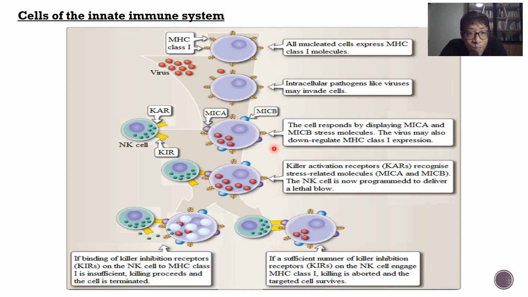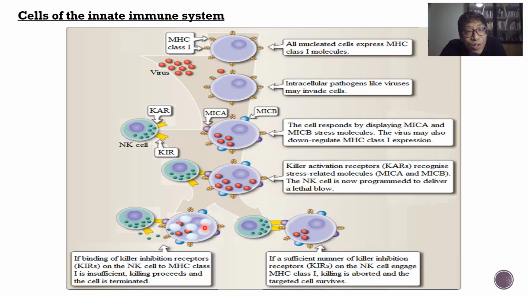But the natural killer cells also have another receptor that recognizes viral components, or another protein that a cell would make if it is infected. So here, when this cell is infected by the red virus, for example, it makes a protein, a stress signal, on its cell surface. The natural killer cells can recognize the presence of this stress signal and know that this cell is infected. Therefore, it kills the cell.